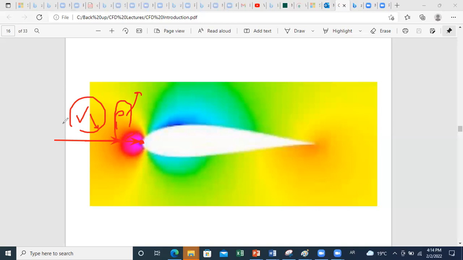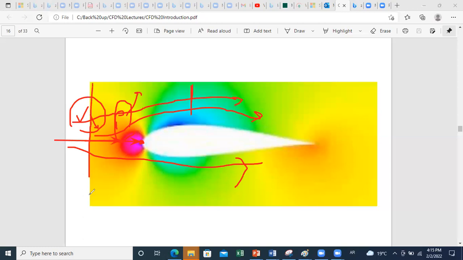Now, if you observe the velocity, you will have a velocity of 0 here, and around the body you will have flow separation. If you plot the velocity contours, you can see how you have flow separation around the airfoil. This separation leads to zones of relatively higher velocity compared to the uniform velocity, since the cross-sectional area is reduced and you have conservation of mass flow rate.